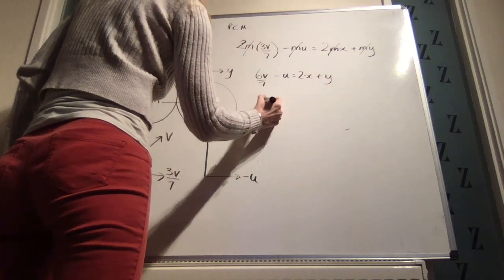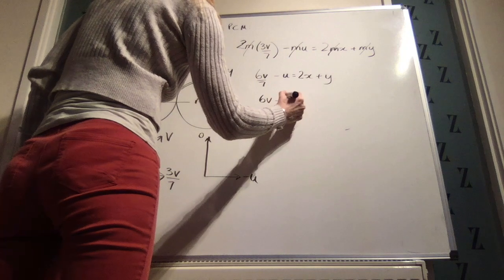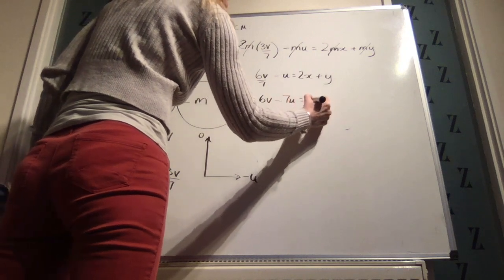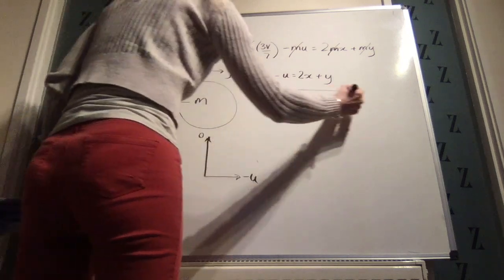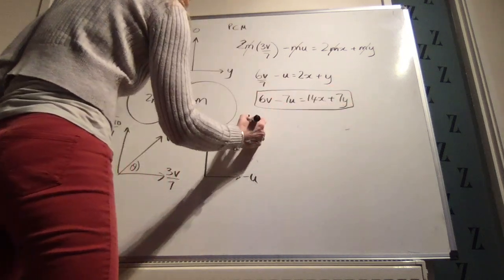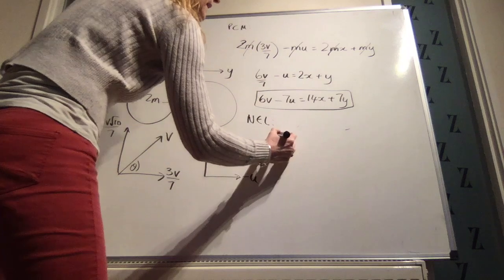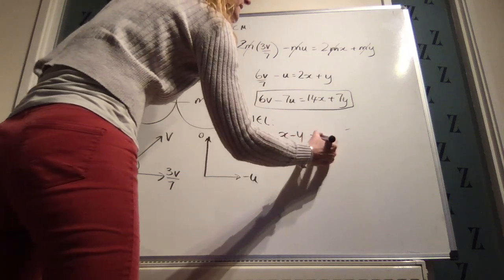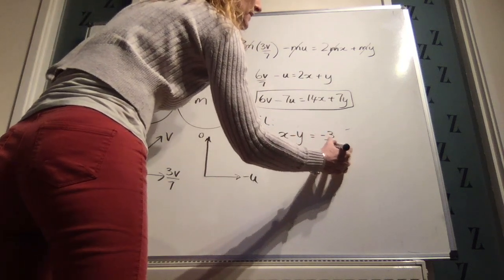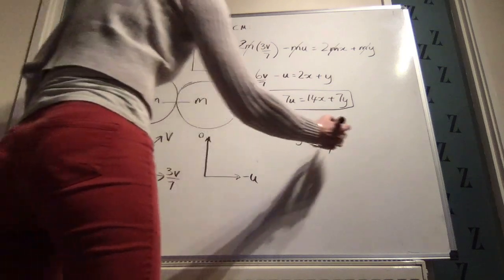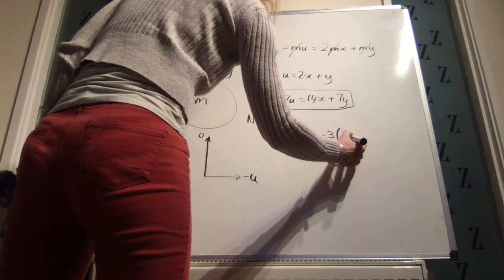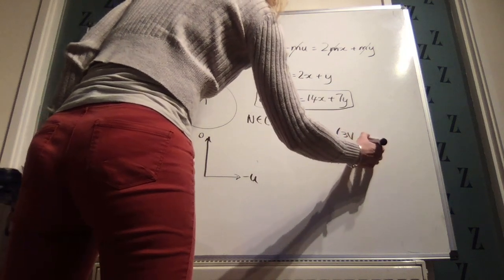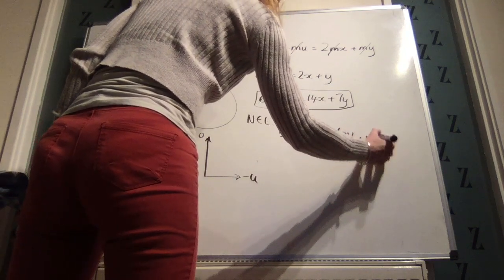Multiply across by 7: 6v minus 7u is equal to 14x plus 7y. That's one equation. Newton's experimental law: x minus y is equal to minus e, and e we're given as being 3/4. So x minus y is minus e times 3v over 7 minus u, which is plus u.